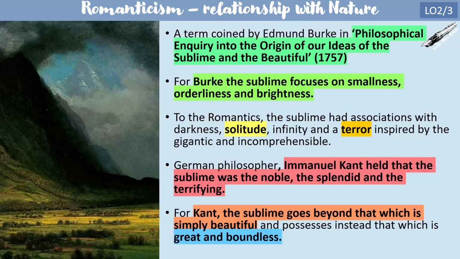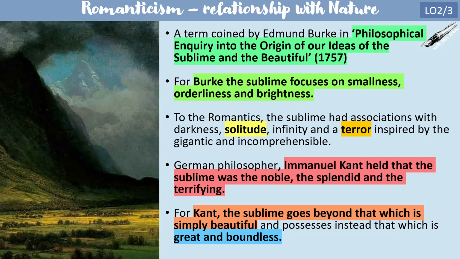So continuing on with the Romantics' relationship with nature, we absolutely must look at Edmund Burke's philosophical inquiry into the origin of our ideas of the sublime and beautiful, first published in England in 1757.